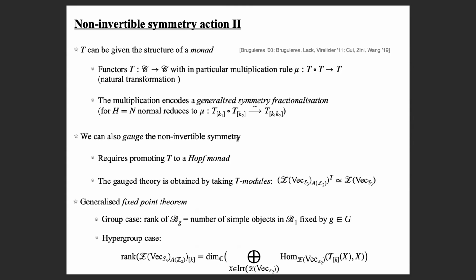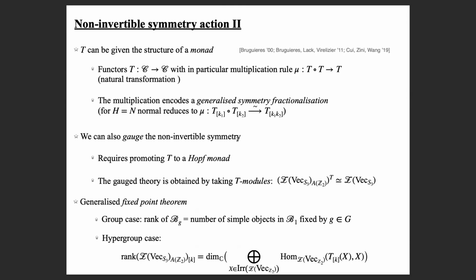And we believe that somehow this multiplication rule of the monad T is what encodes a generalized symmetry fractionalization. So notice that, for example, in the group case, this just reduces to isomorphisms between K1, K2 and K1K2, which is where the symmetry fractionalization shows up in the group case.